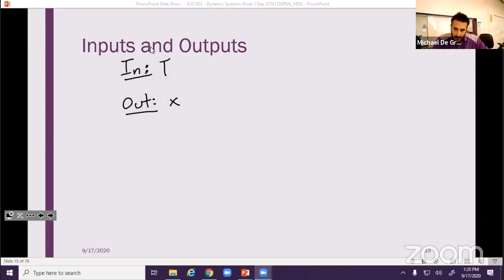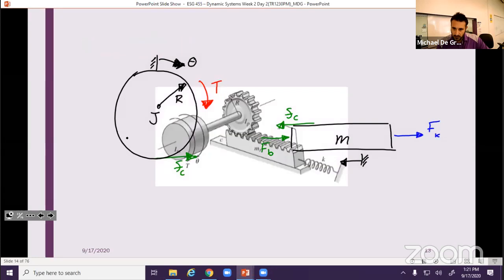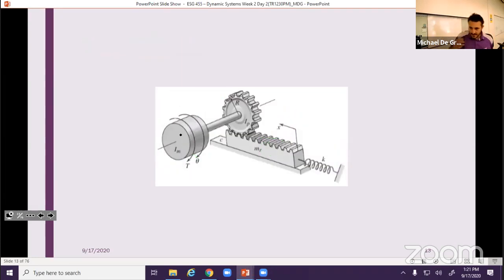All right, so I want to go back here for a second to the schematic. This particular schematic has two rotating inertias, but we only drew a diagram for one, which is fine, because you're lumping those together.